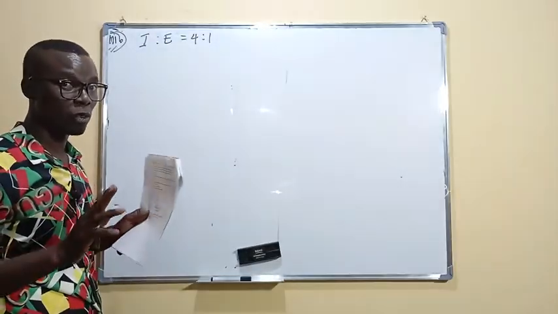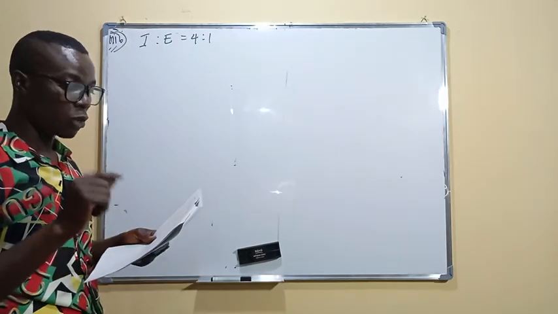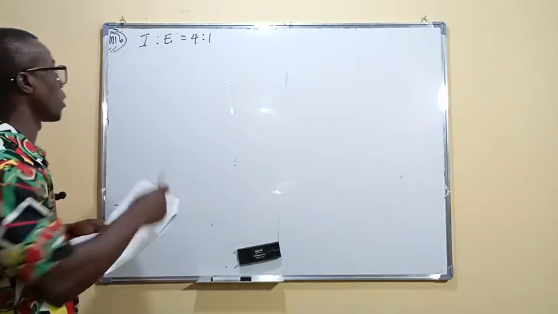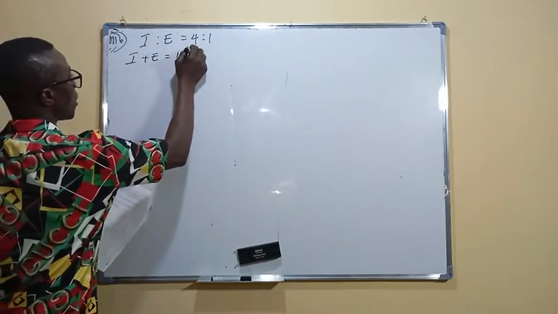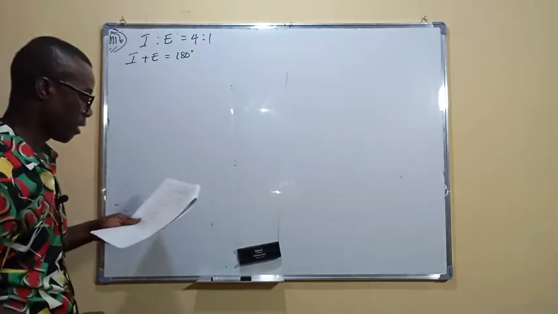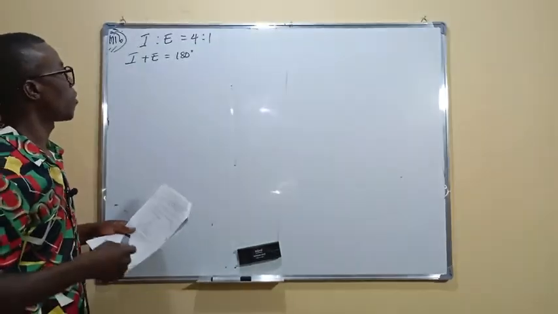Don't forget, this is for a regular polygon, and the question says the ratio of an interior angle to an exterior angle of a regular polygon. So I plus E will give me 180 degrees.